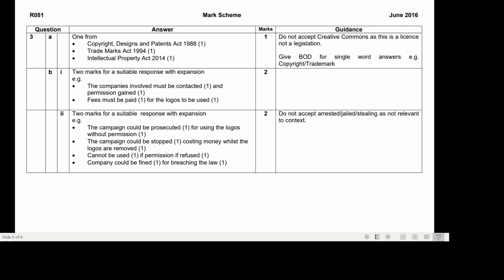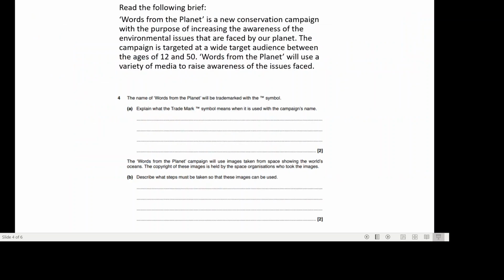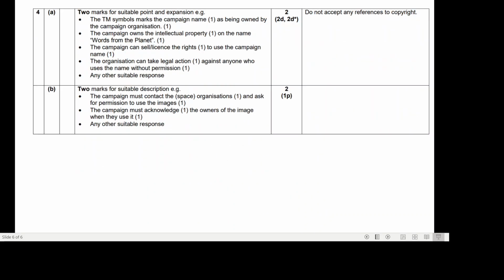Okay, so the next question we're going to look at is this one. Okay, so the words from the planet questions. So question 4A says, do not accept any references to copyright. So 2 marks for a suitable point and expansion. So the trademark symbol marks the campaign name, 1 mark, as being owned by the campaign organisation, another mark.